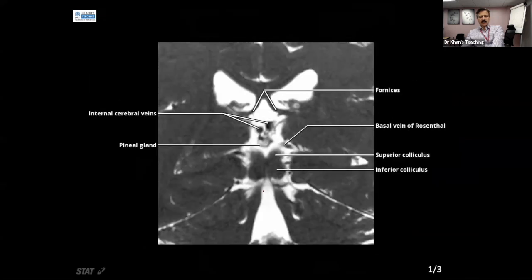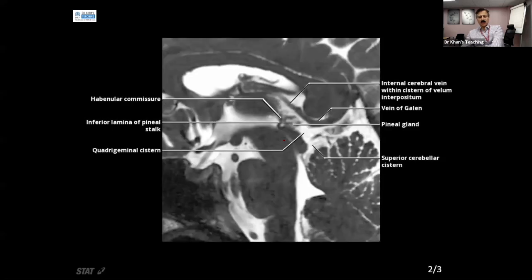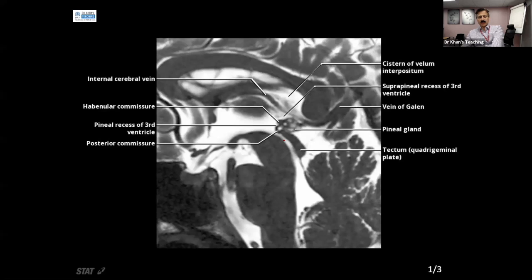So this is interesting. This is a coronal sequence, and if you know your anatomy on an axial, you can stretch your imagination to make out the coronal. I will go back just to consolidate. If you see here, this is the pineal gland. This is the vein here, right? To internal cerebral vein.